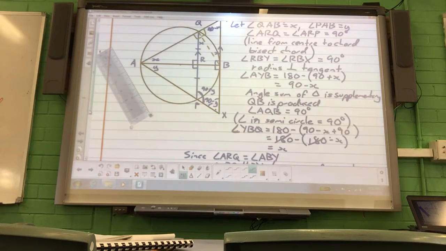Right, do we notice anything about triangle ARQ and triangle ARP? Oh, they're the same triangle.